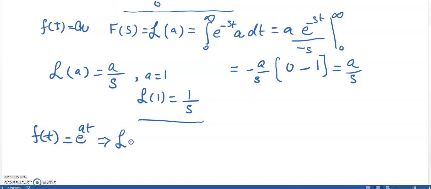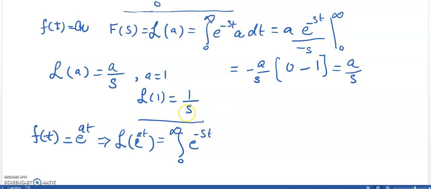The Laplace transform of e power at will be equal to the integral from 0 to infinity, and for every Laplace transform, by definition, we have to multiply by e power minus st, because the Laplace transform is a function in terms of s.